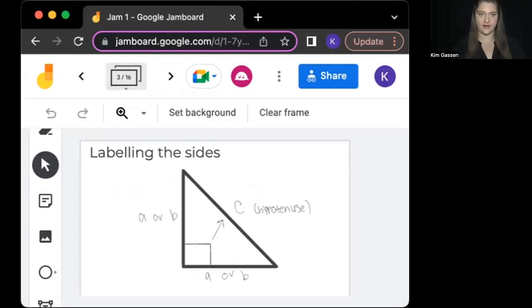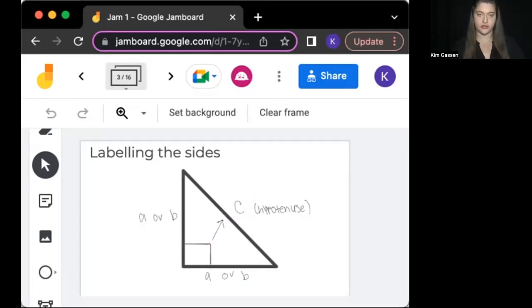So when we have a right triangle, we have three sides, obviously, that we'll label A, B, and C. The most important one for what we're doing is C, because C always has to be the side that's directly across from the right angle.